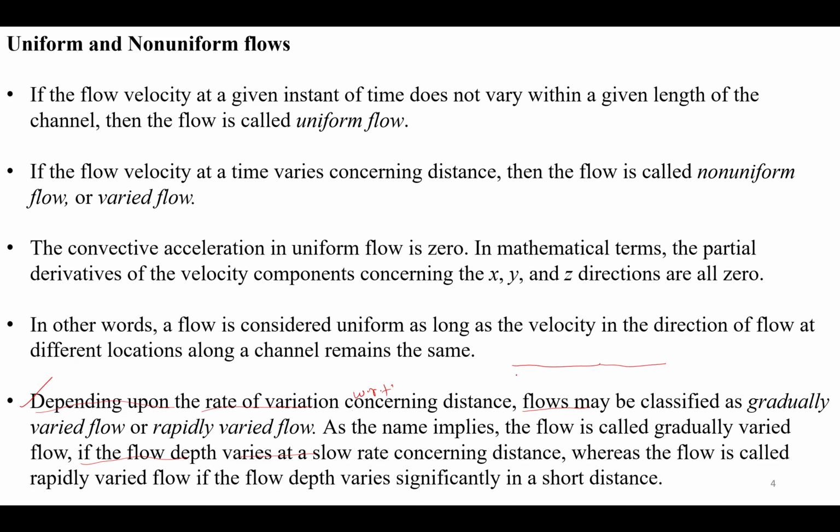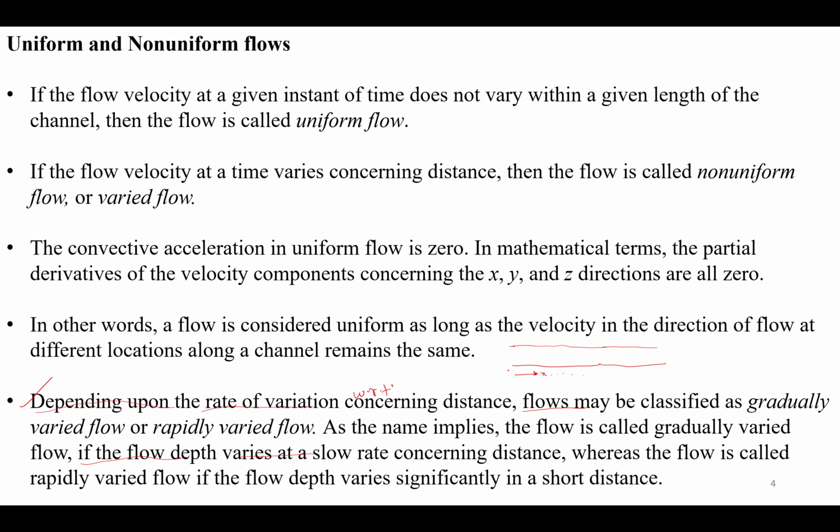If distance is increasing in this direction, but your depth is varying very slowly, not rapidly, slowly going down or rising, this is called gradually varied flow. Always remember, gradually varied flow or rapidly varied flow is a non-uniform flow.